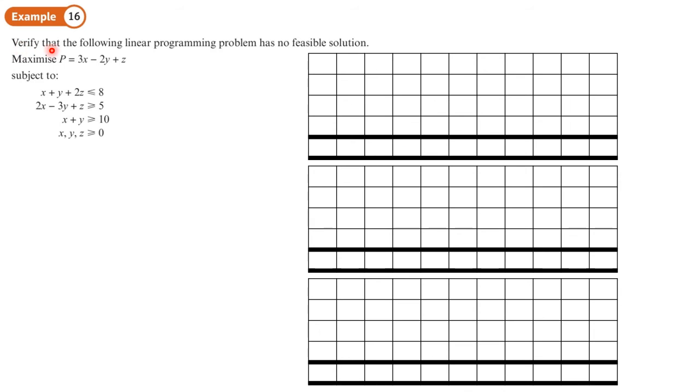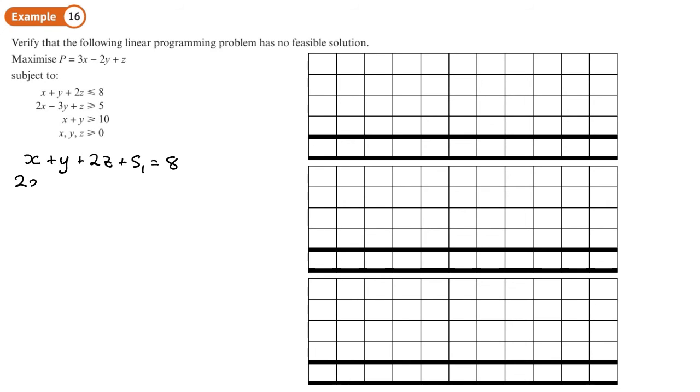Example 16, it says verify that the following linear programming problem has no feasible solution. So that's about showing that I is not equal to 0 once we try and optimize it. So let's get all our expressions into the standard form. So our first constraint will become x plus y plus 2z plus a slack variable is equal to 8.